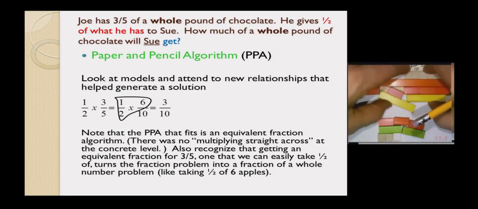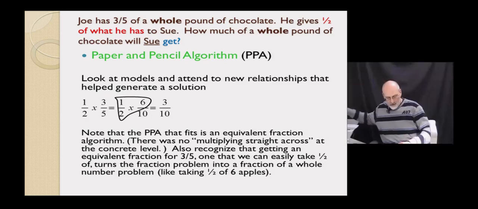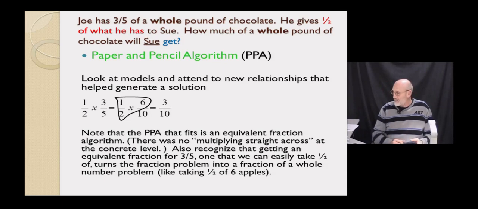So the algorithm that fits this is actually not what you're used to doing with multiplication of fractions. You've been taught to multiply straight across, and it actually works. But if you ask people why does it work, they just say, well, that's what I'm supposed to do. It doesn't have any meaning.